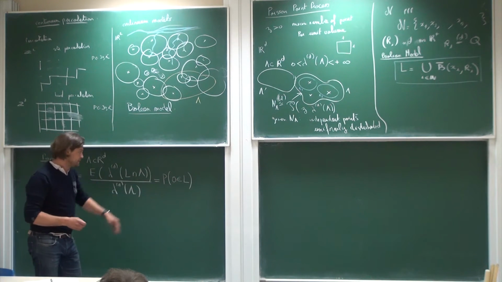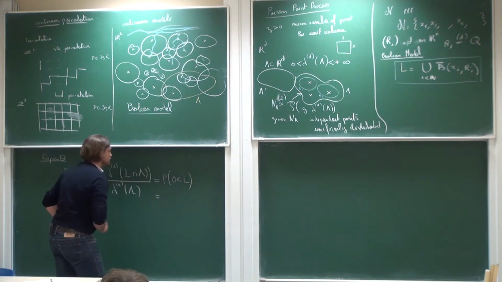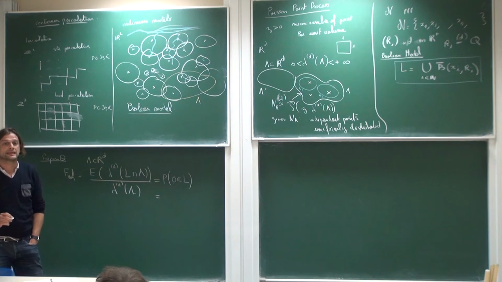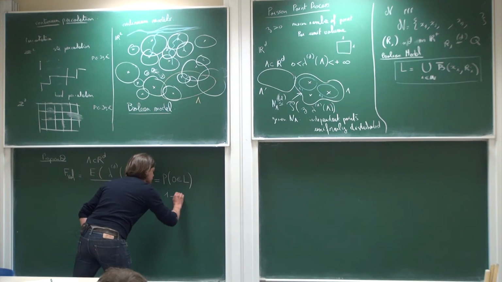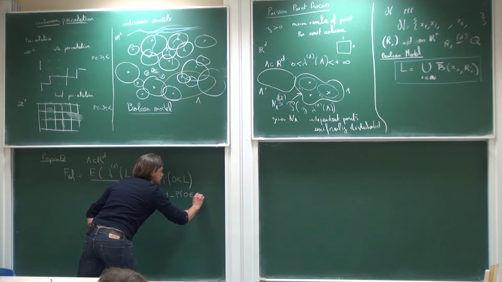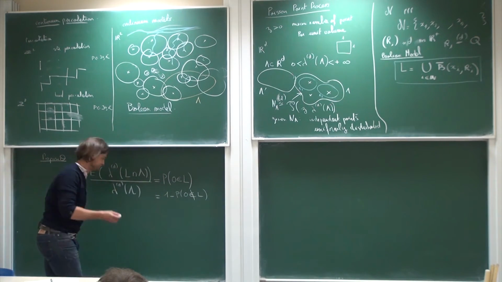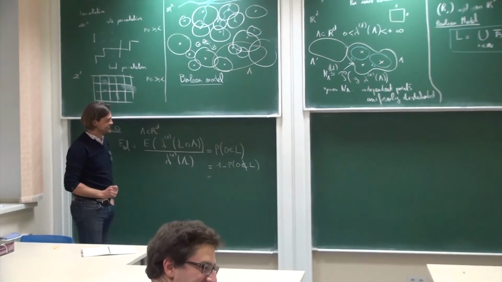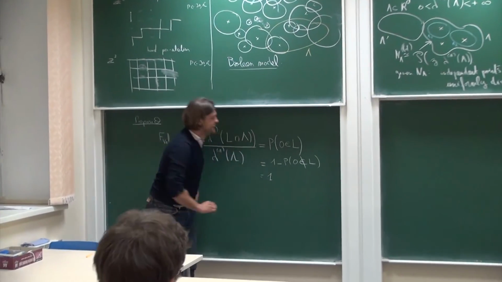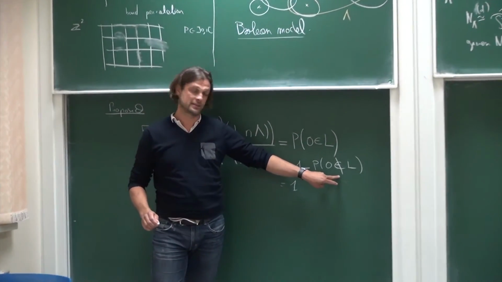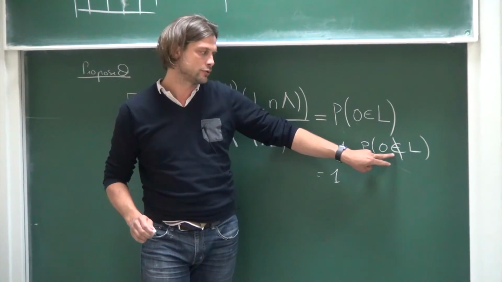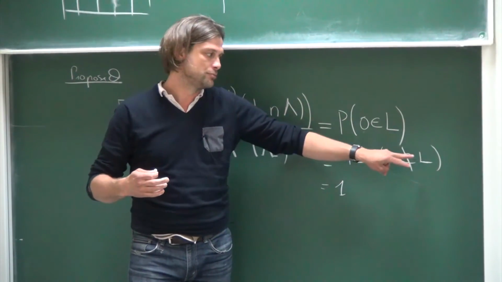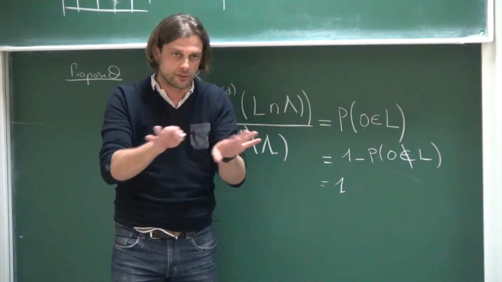And we can compute it explicitly, in any dimension. It's 1 minus the probability that 0 is not in L. So it's obvious. And this quantity we can compute explicitly, because it's not too complicated to compute the probability that the Boolean model does not cover something.